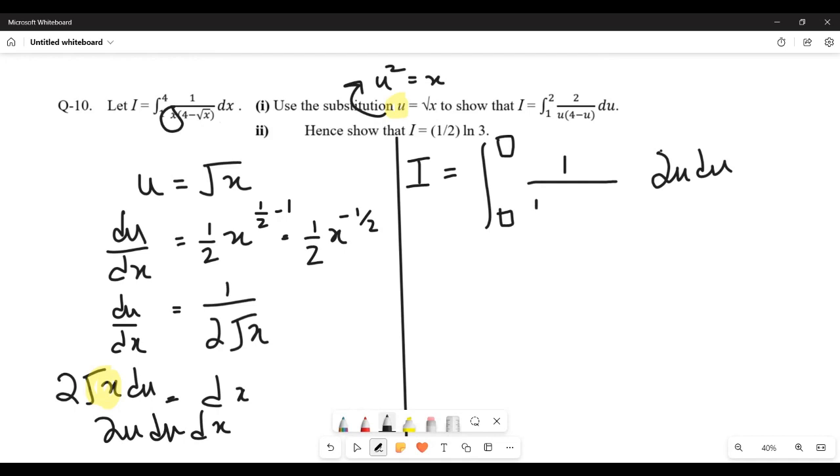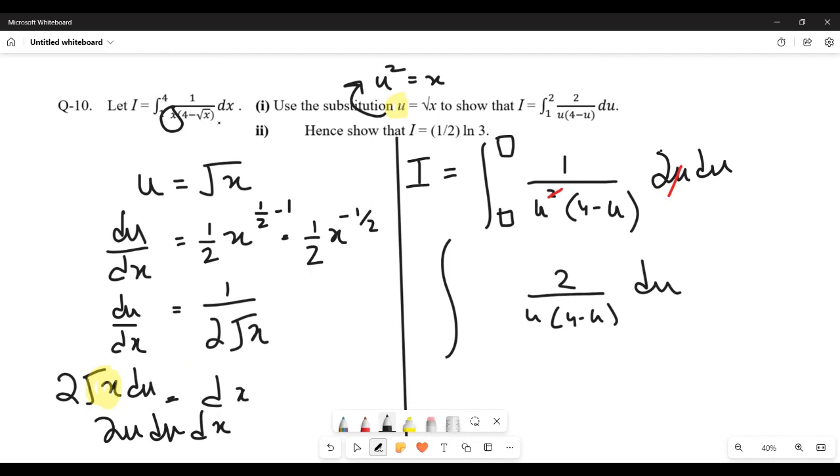So u square and 4 minus u. Now this square and the u cancel out. So we have integration of 2 upon u times 4 minus u du.